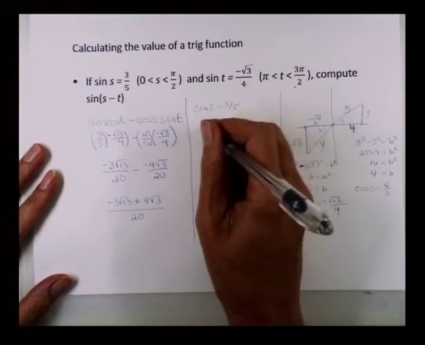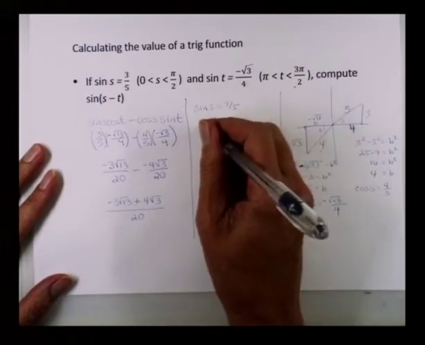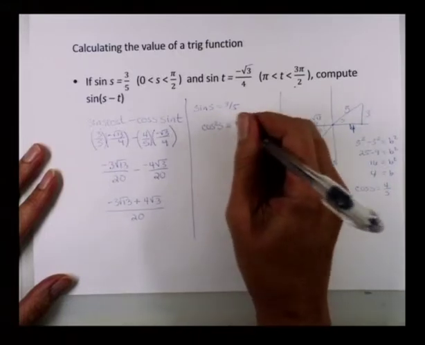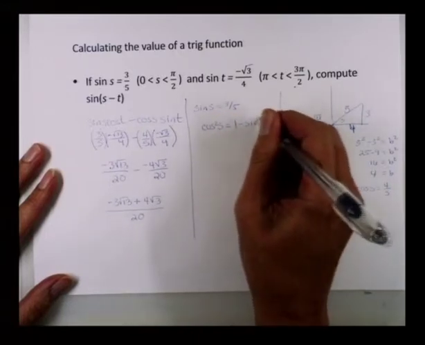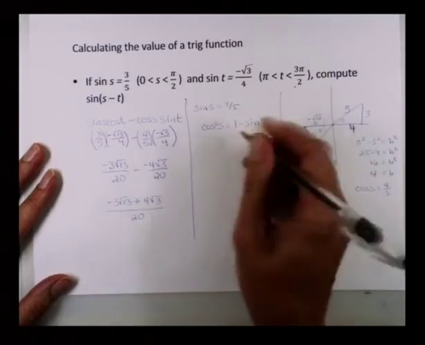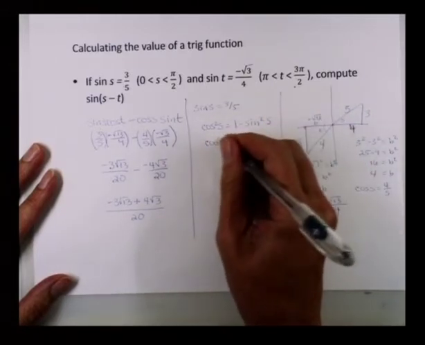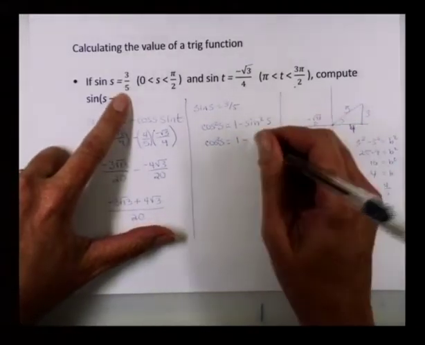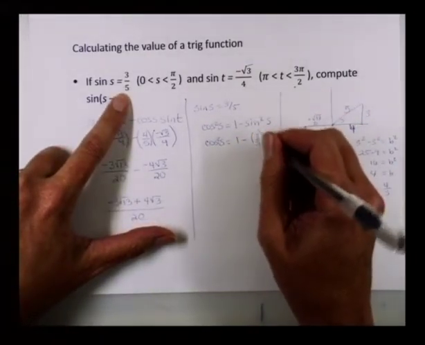So I know that cosine squared of s will equal 1 minus sine squared of s. So cosine squared is equal to 1 minus, and I know the sine value is 3/5 squared.